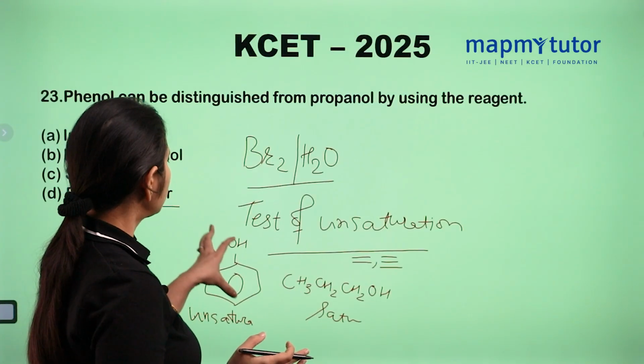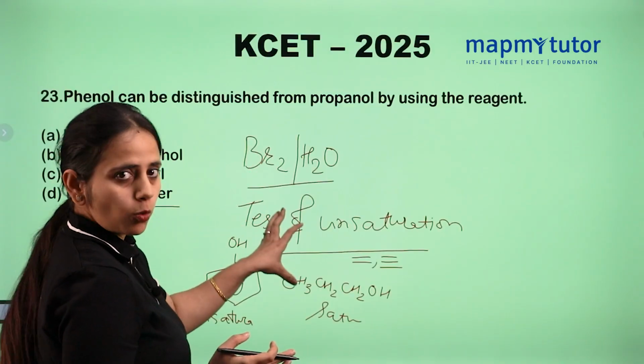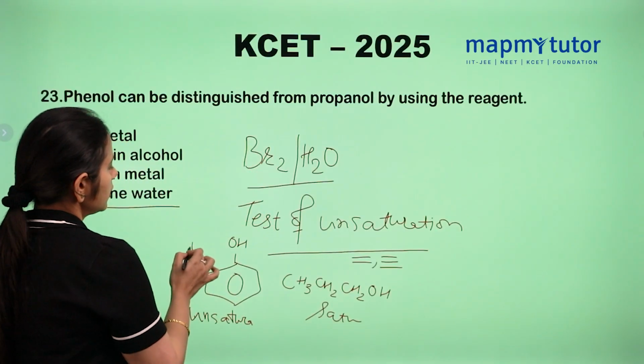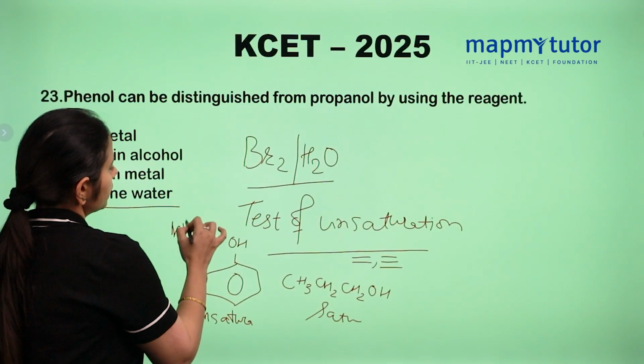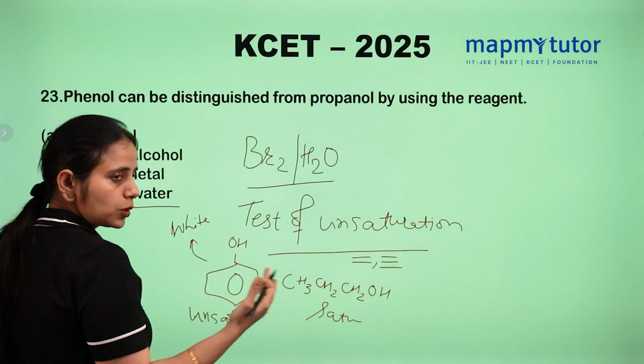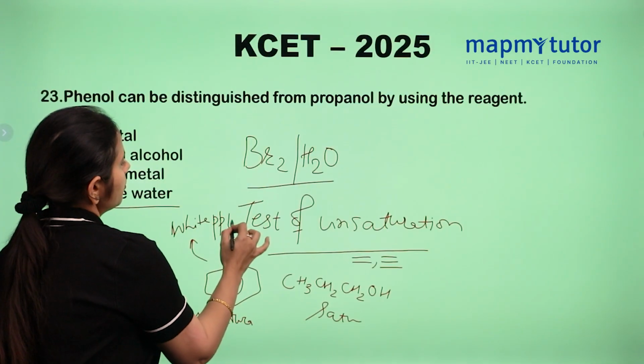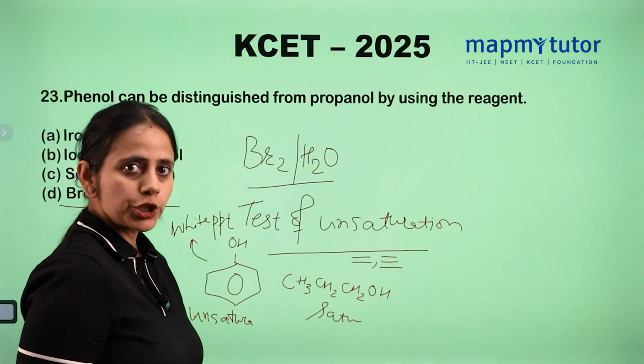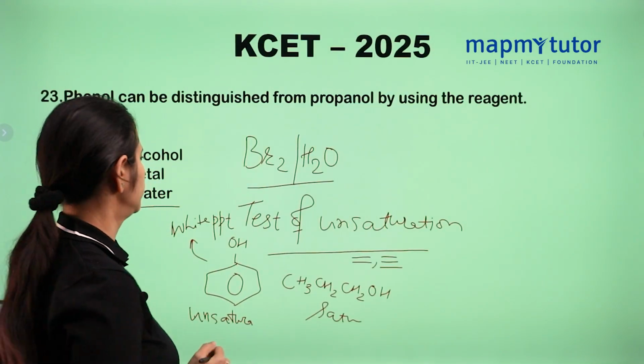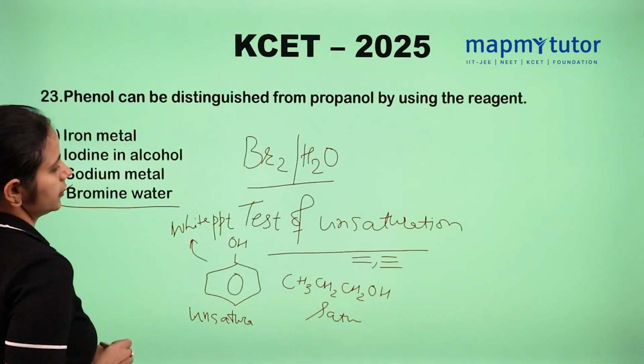Phenol can be distinguished by bromine water and gives a white precipitate, and the brown color of bromine will disappear. So bromine water helps in distinguishing phenol and propanol. So this D is the right answer.